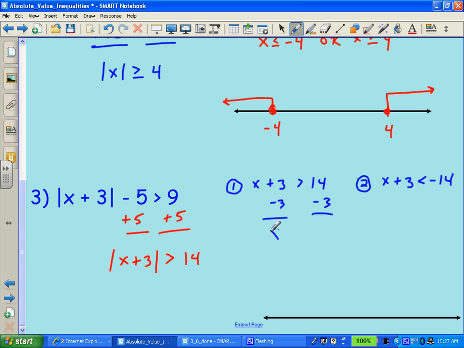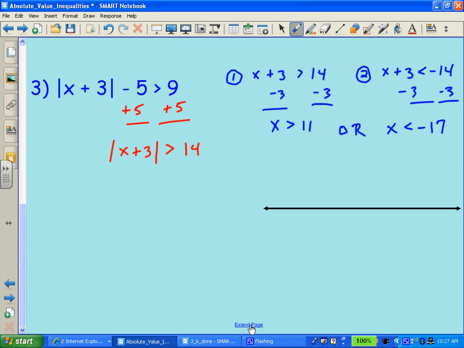So then I've got to subtract 3. So I get x greater than 11. If I subtract 3 here, I get x less than negative 17. Again, this is an OR. So then on my graph, I'm going to put negative 17 down here because it's the smaller number.